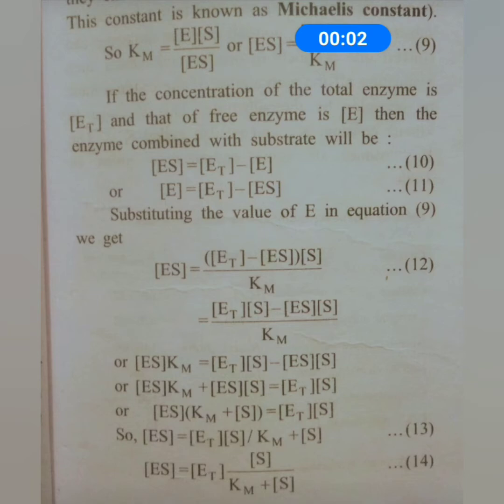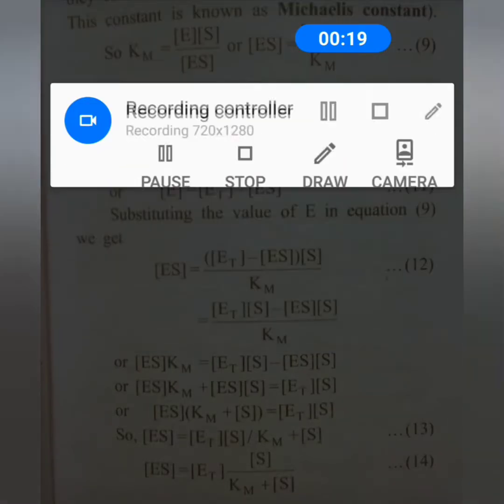Now the concentration of the total enzyme, remember girls, in a beaker I told you that suppose we have 100 molecules of enzyme, so that total concentration of the enzyme, suppose it is given by ET.